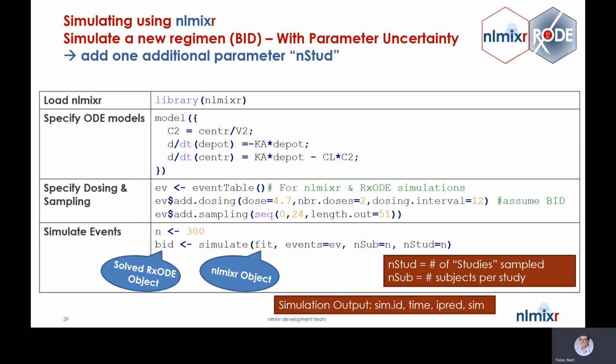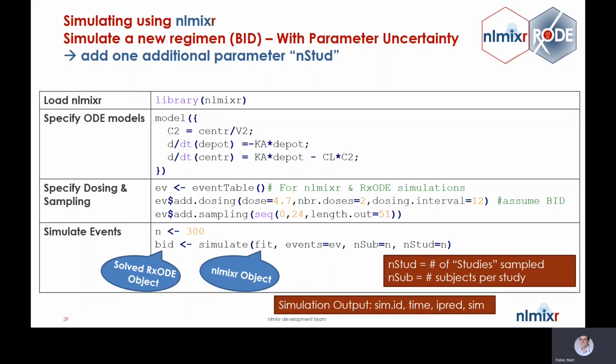If we want to have uncertainty in our parameters, that means with the model we have, we assume that we don't know it well. We use the standard errors and the information we have in estimating to sample from the multivariate normal distribution and from the inverse Wishart for the omega and sigma matrices. With that information, we simulate a new trial with this new event table, and the number of subjects would be the number of subjects in each trial.